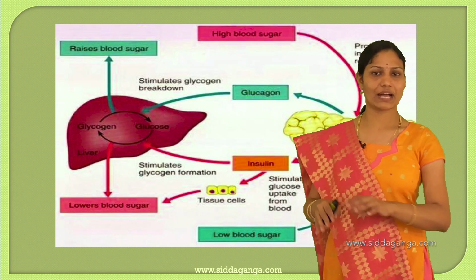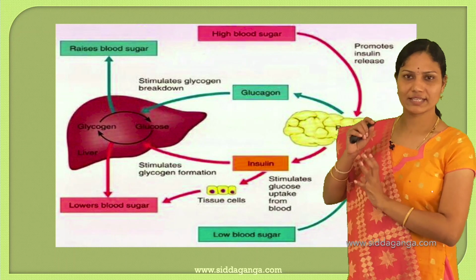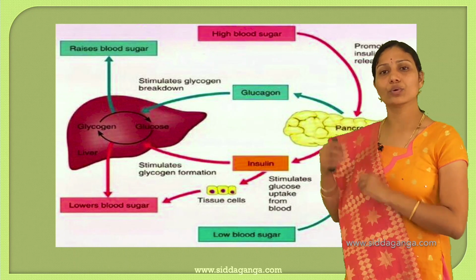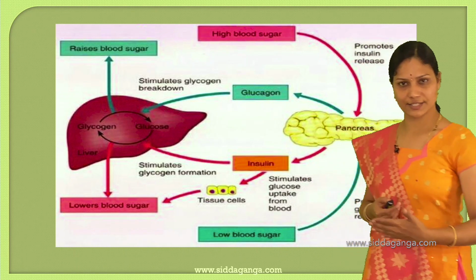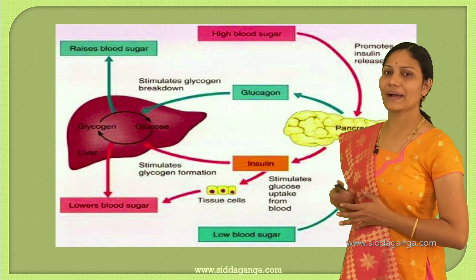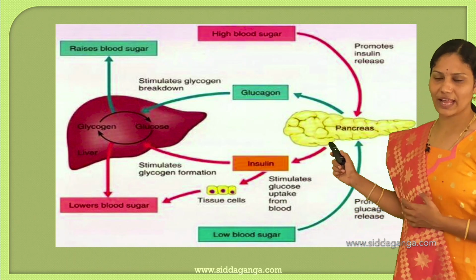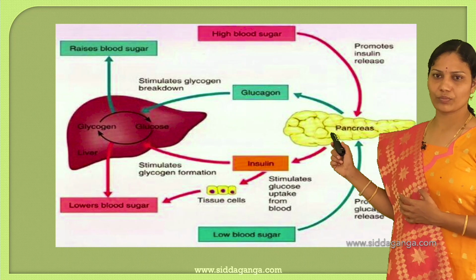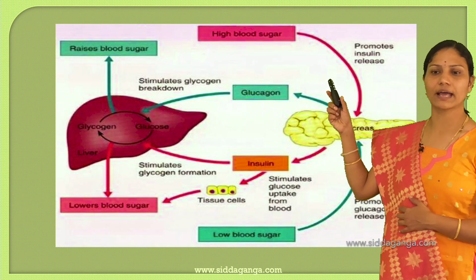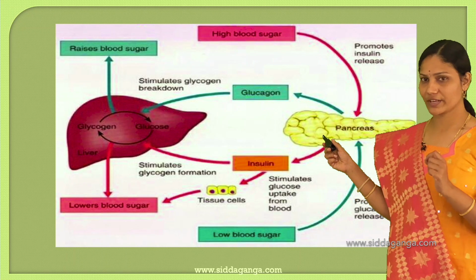Most of our food will have carbohydrates, and these are broken down in a particular pathway, and glucose level in the blood increases. When the glucose level is increased, the pancreas or the islets of Langerhans respond. So you better refer to the red colored or the dark pink colored arrow mark here with reference to insulin.